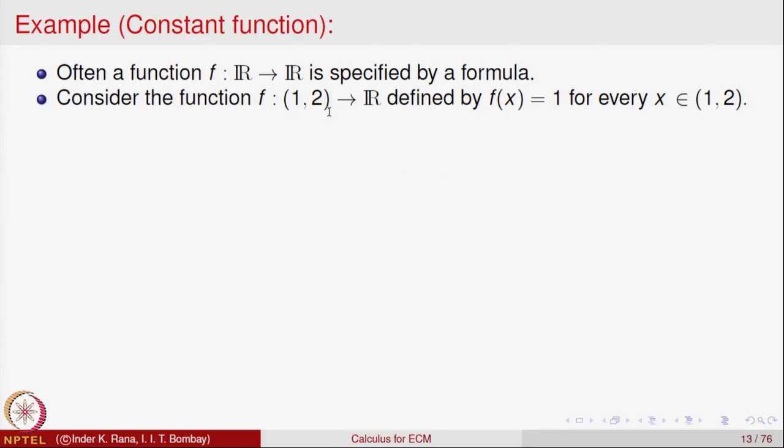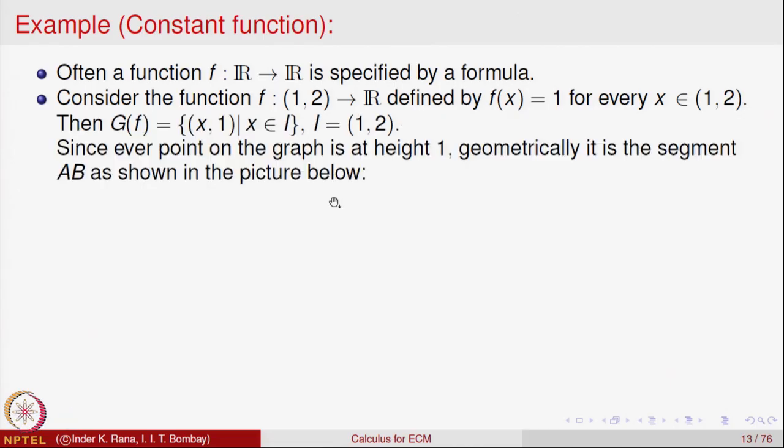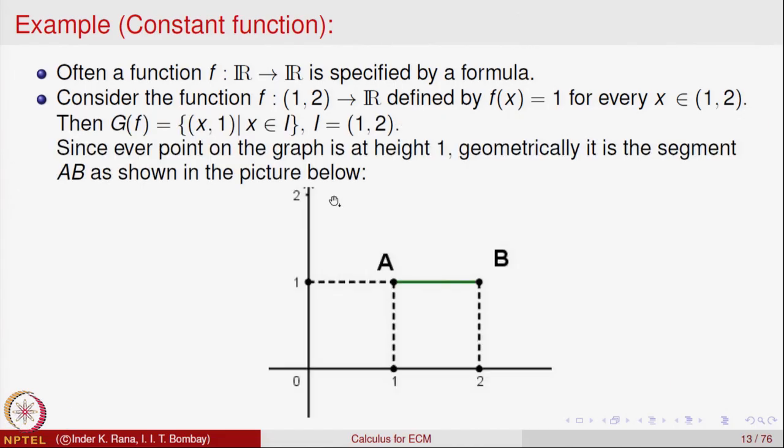But with the association, the ordered pairs (x, 1), what are these? These are points on the plane which lie on a horizontal line. So, a point between 1 and 2: if I take a point x here, what is f of x? f of x is at height 1.